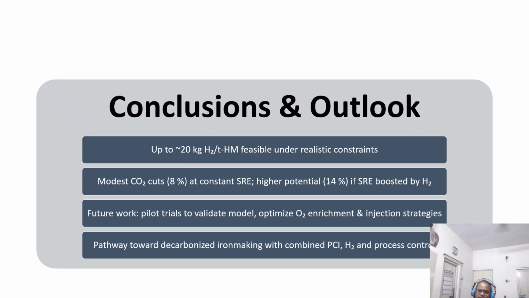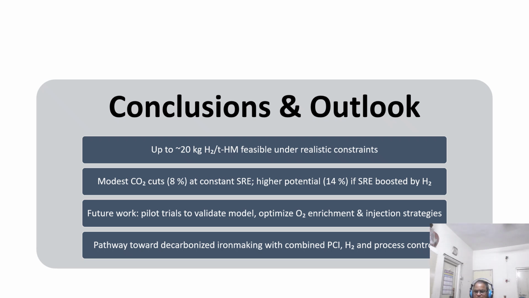So finally, reaching the conclusion, or we can say to wrap up: up to 20 kg of hydrogen per ton of hot metal can be injected under current design and safety constraints. So this limit is 20 kg.